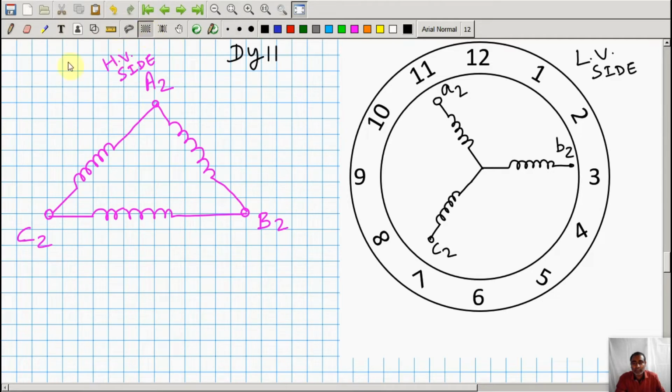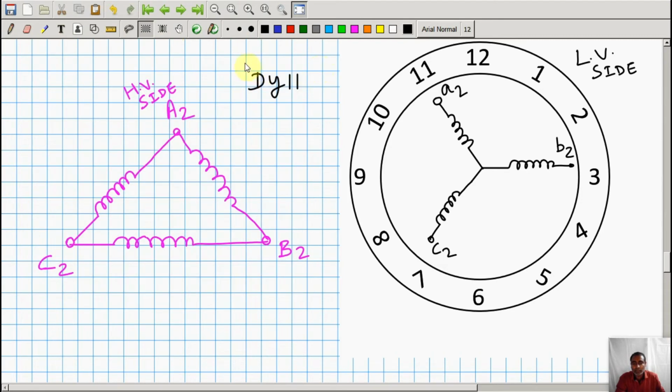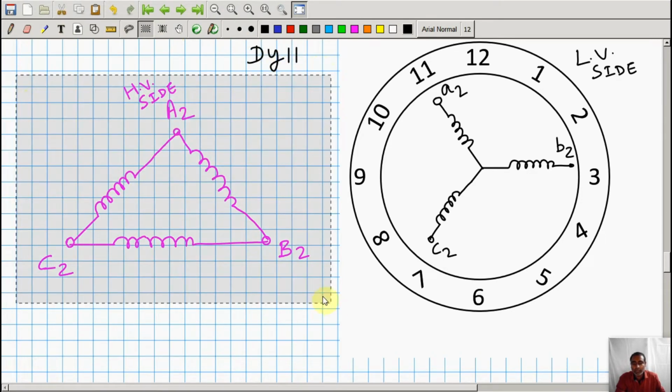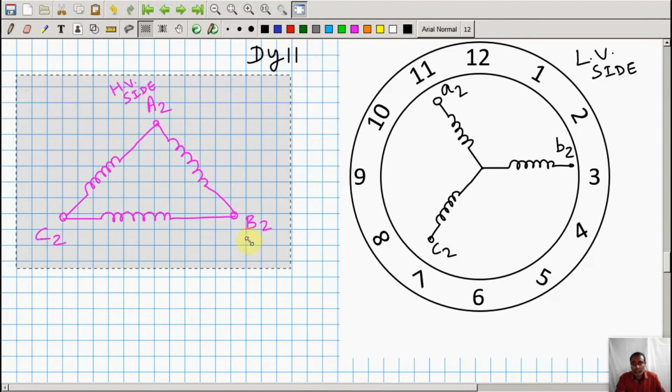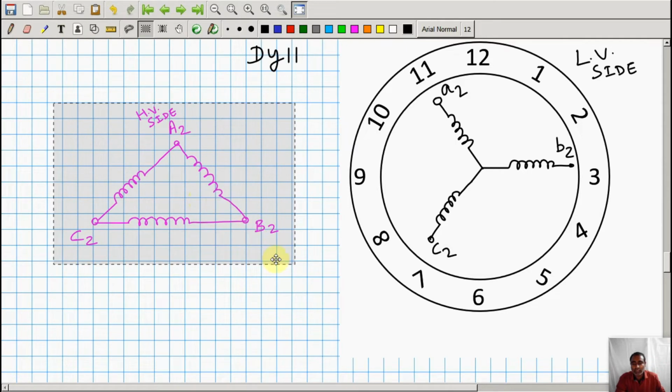Let me make it somewhat smaller so that it will fit. So we will see also that here actually that kind of thing is going on. Let me show you.